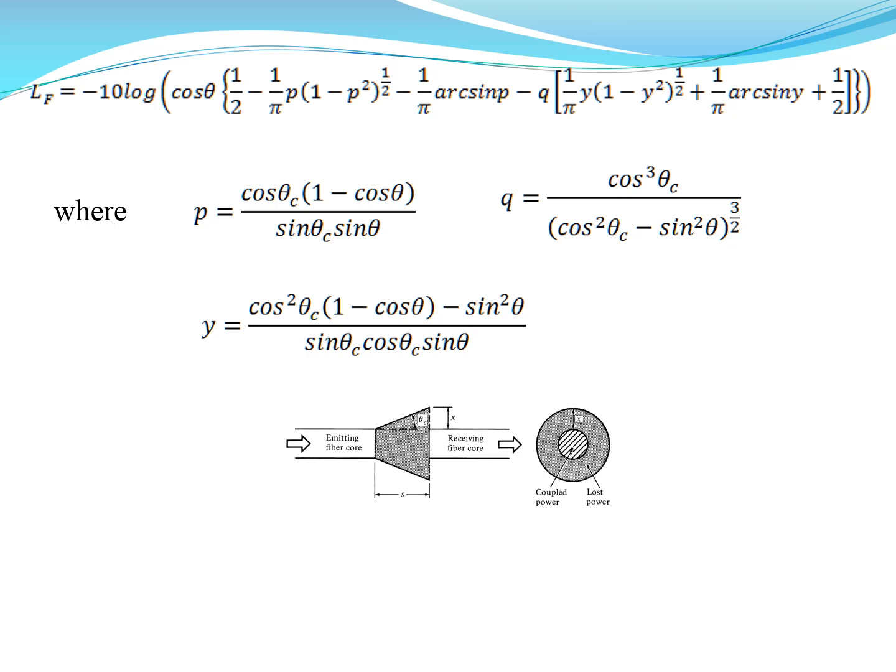So we have discussed problems on RMS pulse broadening, finding the delay differences, optical fiber connectors, the difference between connectors and splicers, and the requirements for selection of a connector, and what is coupling efficiency.